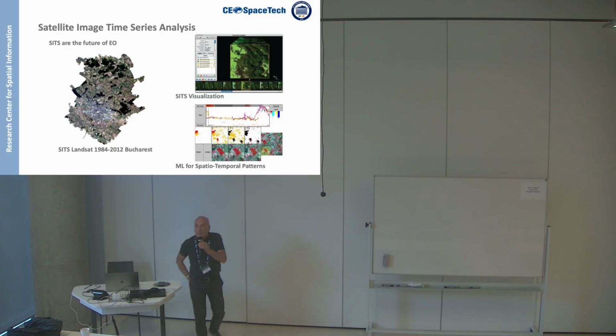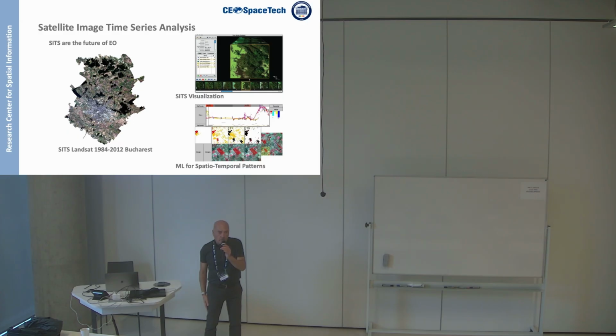I want to stop for one moment on satellite image time series. So now we have more than 50 years of satellite remote sensing, so almost every place on Earth has been observed over time. So we have movies from space.